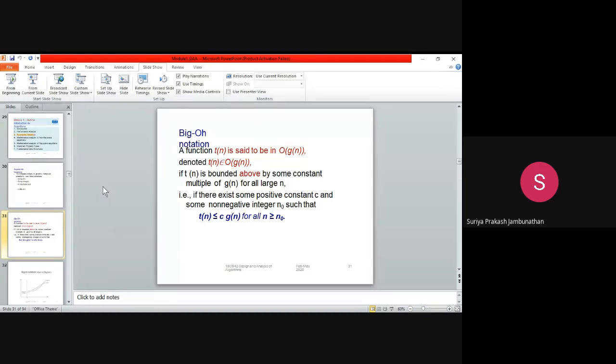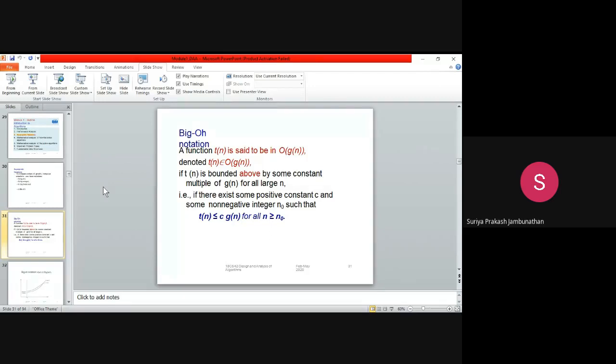So t of n is bounded above by some constant multiple of g of n for all large n, if there exist some positive constant c and some non-negative integer n suffix o such that we can represent big O as t of n less than or equal to c of g of n. We are having a single g of n in this big O way.